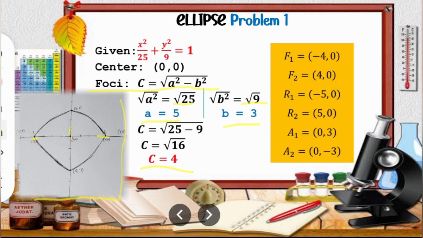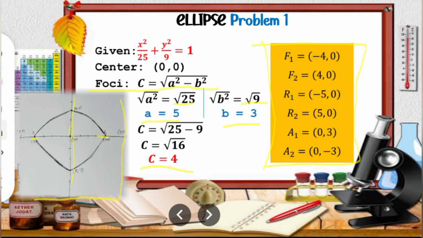We have the foci at positive 4, 0 and negative 4, 0. Then, along the major axis, we have the results of 5 and negative 5. So to overall it, the answer for this problem is f sub 1 equals negative 4, 0 and f sub 2 equals positive 4, 0.